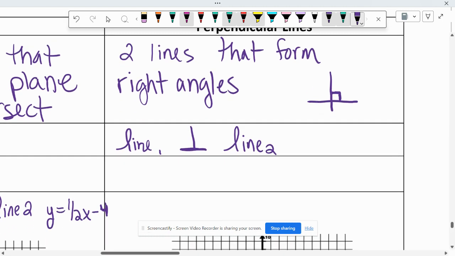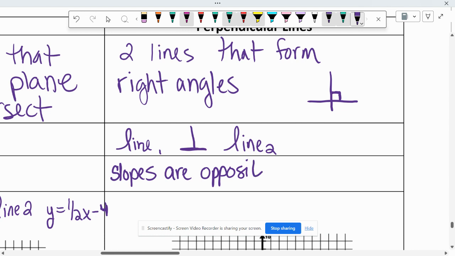So let's talk about their slopes. Slopes are opposite. When I say opposite, what does that refer to? Refers to the sign, positive or negative.